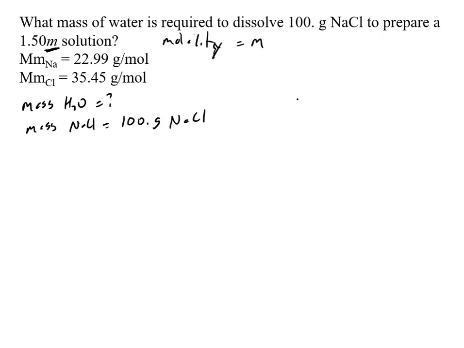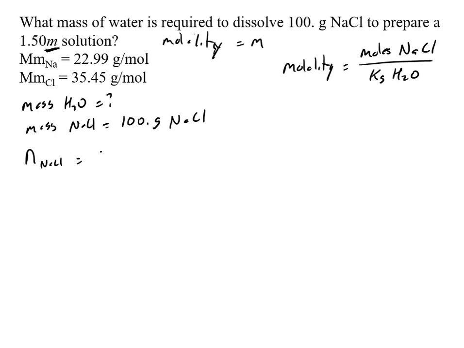All right, and again, the formula for molality is going to be the moles. This time my solute is NaCl, so I'm specific here, over kilograms of water. Okay, so I need to find the moles of NaCl first. So the n of NaCl is going to be the mass divided by the molar mass. So before I do that, I need to find the molar mass of NaCl, which I just add these two together.